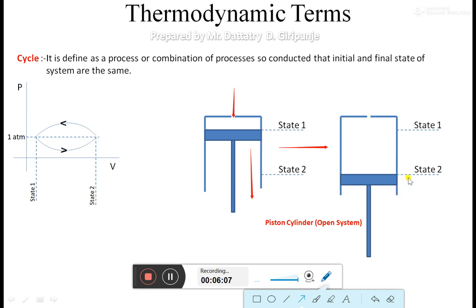Now whenever the system travels from state 2 to state 1, it starts to move in the upward direction. At that time, whatever air is present here, we try to push it out from this tiny hole to the atmosphere.